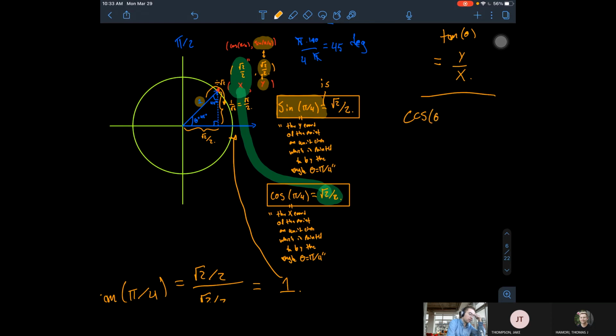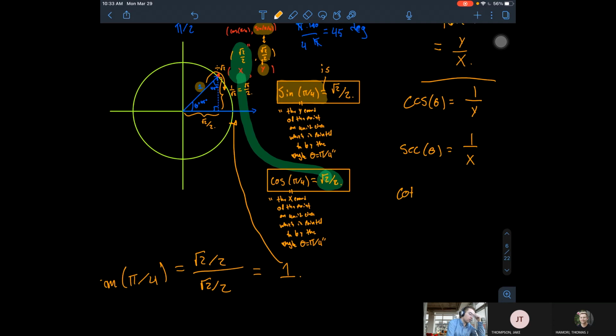Cosecant theta is going to be 1 divided by the y-coordinate. Secant theta is going to be 1 divided by the x-coordinate. And cotangent theta is going to be the x-coordinate divided by the y-coordinate.